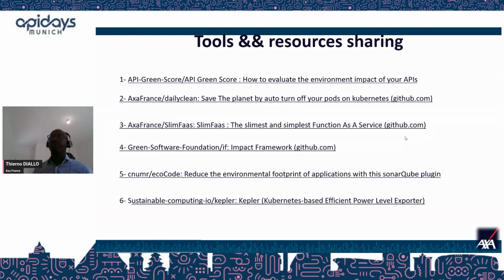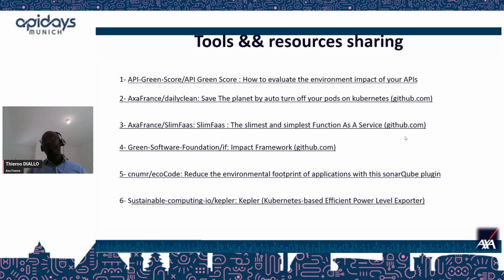At the end, I have some resources and tools to share. The first link is API Green Score from the API Thinking Collective. The second one is Daily Clean from the AXA France GitHub. We are using it in our company. SlimFast is also from AXA France. The GitHub is open source, and you can contribute if you want.